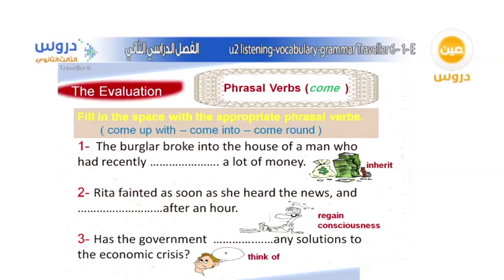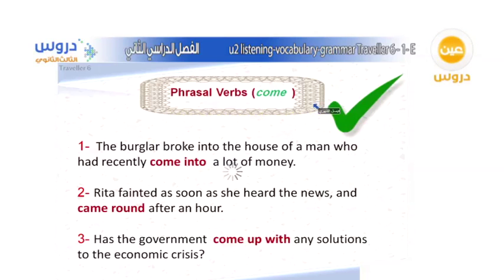Okay, so do you want to check your answer now, or shall we wait to get the answers? Okay, let's see then. Let's start with your choice. Has the government come up with any solution to the economic crisis? Absolutely right. Well done for this.